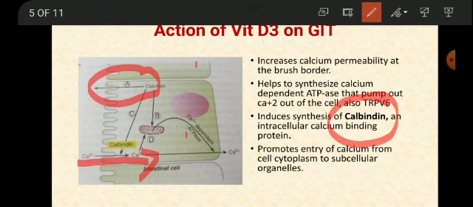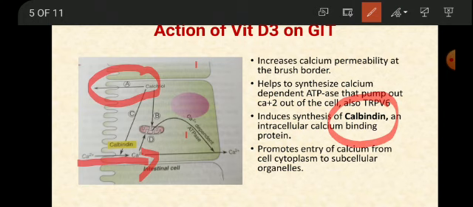Calbindin is a specific type of protein whose synthesis is hugely enhanced under the influence of vitamin D3. The mRNA for calbindin is transcribed in excess amount under the influence of vitamin D3, and calbindin protein synthesis is increased. This calbindin ensures that intracellular calcium gets bound to it so that the concentration gradient is maintained.